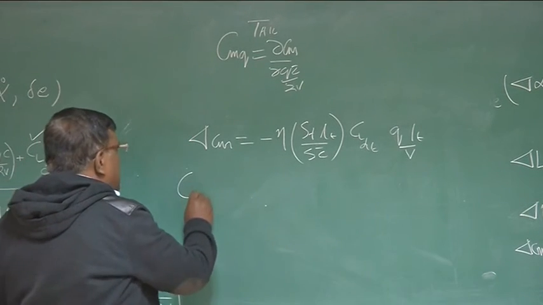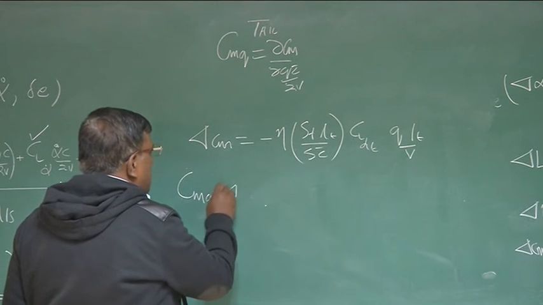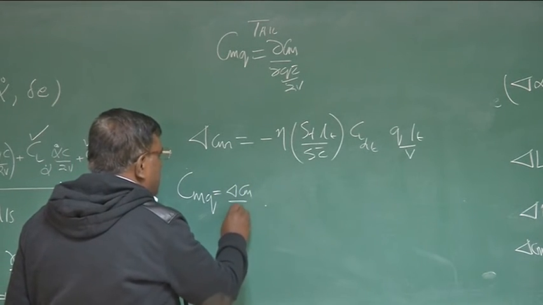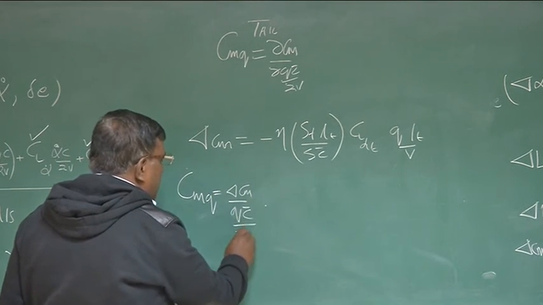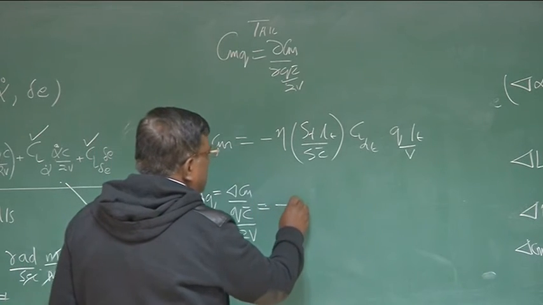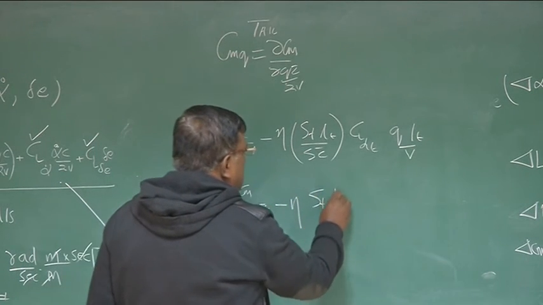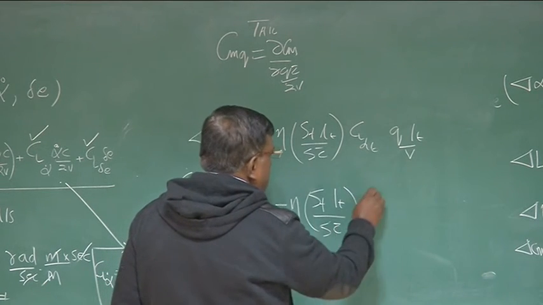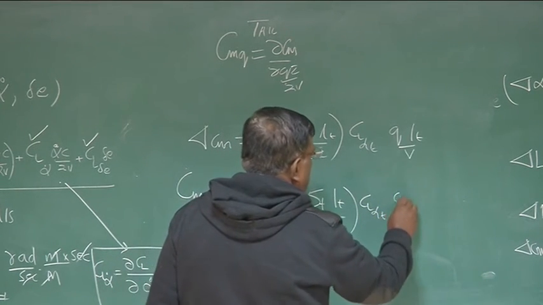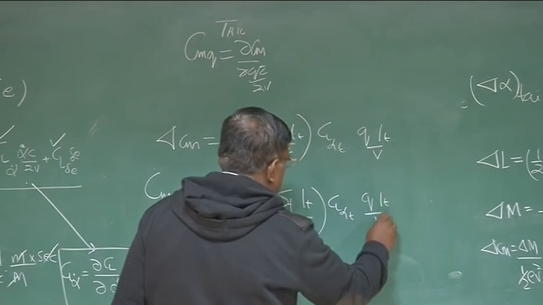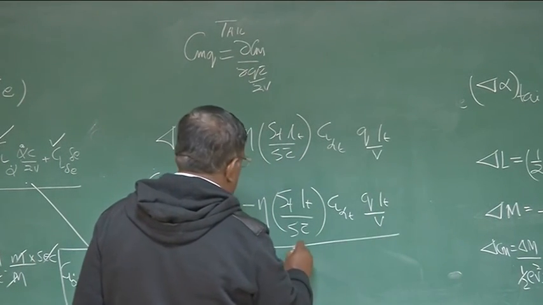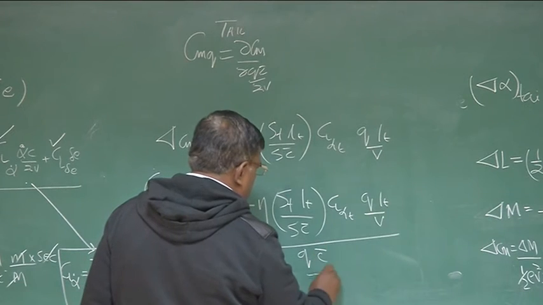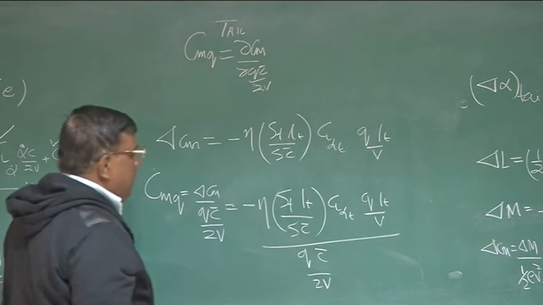So CMQ is delta Cm by (Q C bar by 2V). This is equal to minus eta S_T L_T by S C bar, CL alpha tail, Q L_T by V, divided by Q C bar by 2V. So what is the final expression?